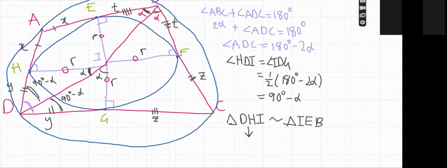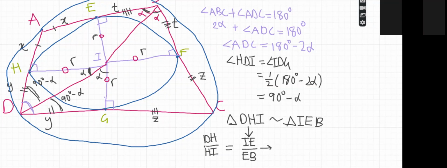The equal ratios are DH divided by HI is equal to IE divided by EB.